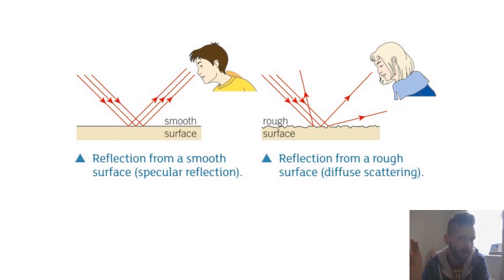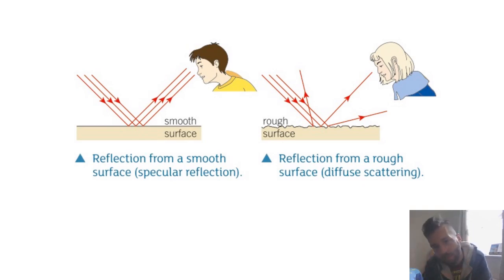So let's think about our light now as a little ball, as a model to help us out. And think about if you went with a little bouncy ball to like a park with a nice smooth surface, and you bounce that ball down that smooth surface, you'd know exactly where it was going to go. You'd be able to predict really easily with your brain because you know it's going to specularly reflect. You know it's reflection, you know it's bouncing from a smooth surface, and you're going to get specular reflection.